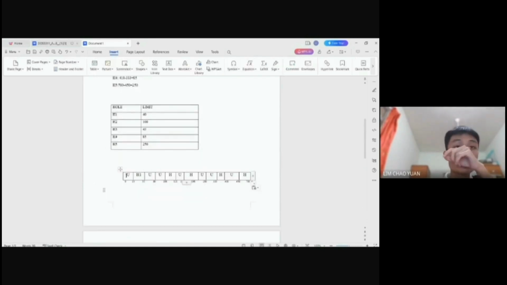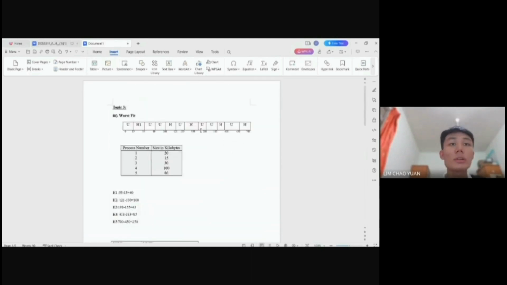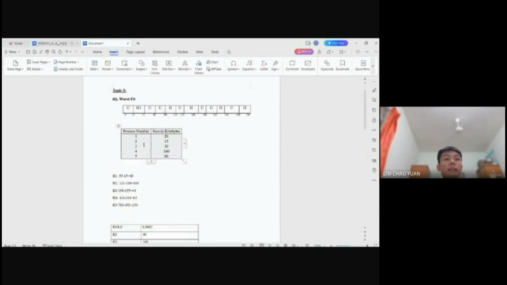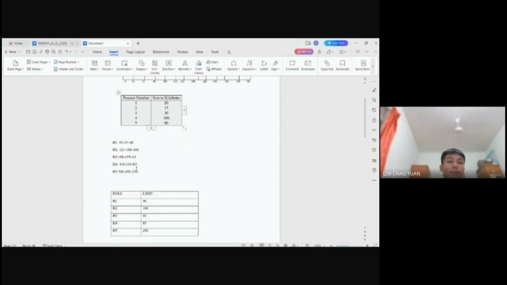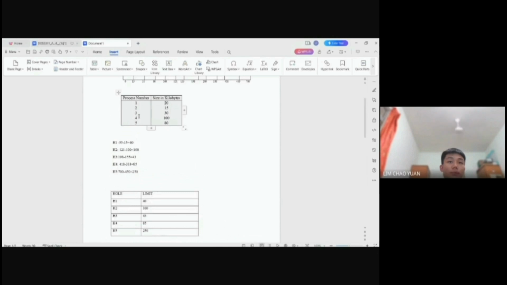Okay, let's continue. We must put P1 until P5, all these numbers, in this table. So we must look at which limit is the best. Let's say for example we must choose P1.